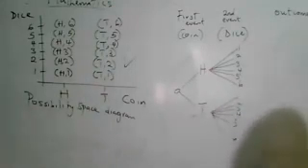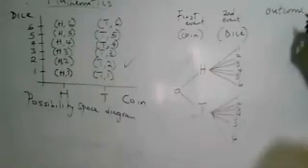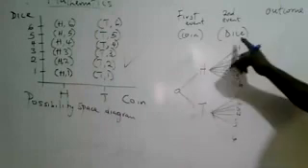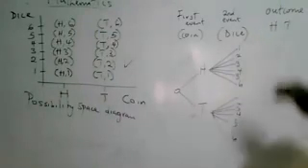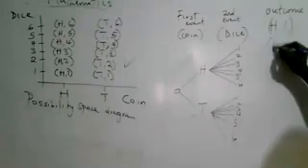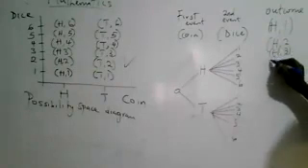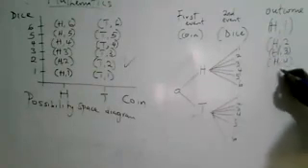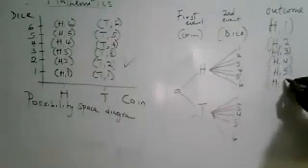Now, what my outcome table will tell me is this: head and 1. That means I can get head 1, head 2, head 3, head 4, head 5, head 6.